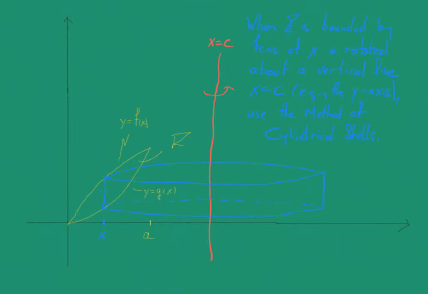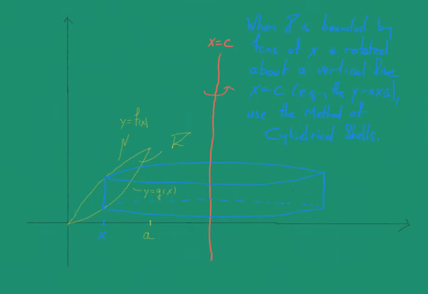Notice that because our region is described in terms of functions of x, we'll be able to calculate the volume of each of these cylindrical shells. How is that? Well, what do we need? The volume is going to be equal to the circumference times the height. The circumference, in this case, is going to be 2 pi times the radius. Well, that's going to be the distance from this point here, which is c, over to x, so 2 pi times c minus x. And then times the height, which is going to be the distance from this y value to this y value.